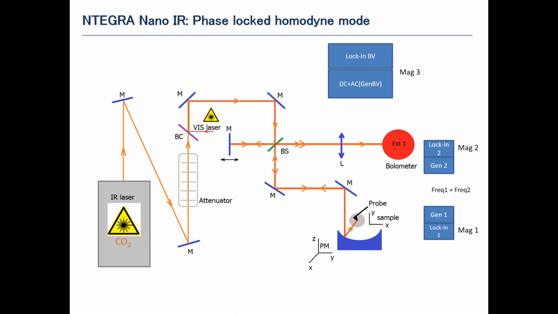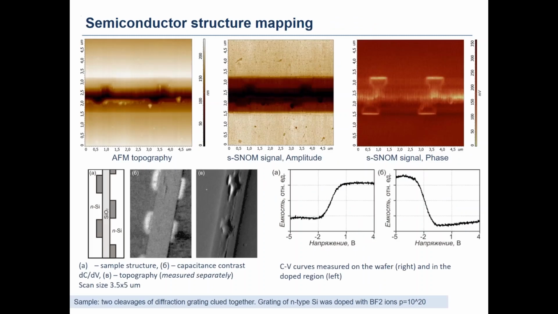In this picture, the sample consists actually of two silicon gratings. The base part of the grating is the N-type silicon, and these two gratings are covered by silicon oxide and then glued together.